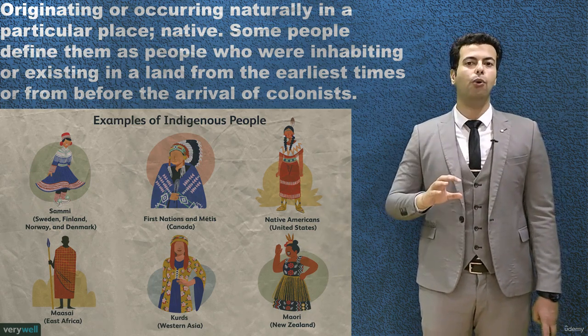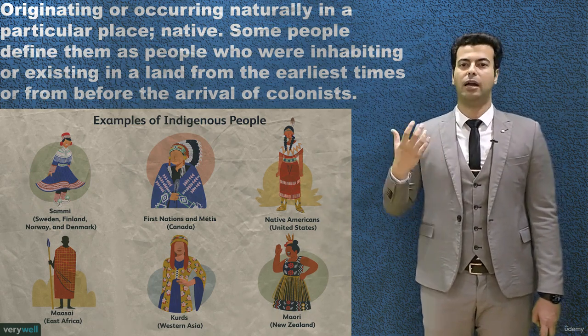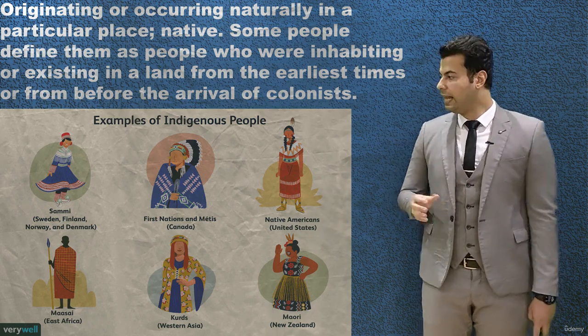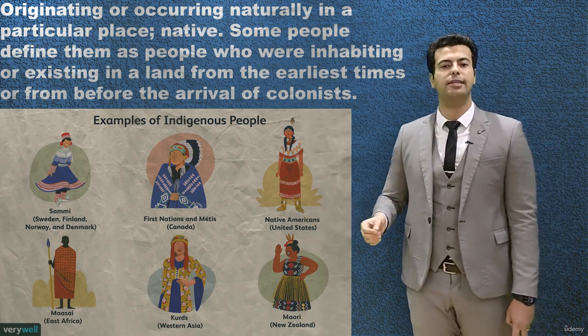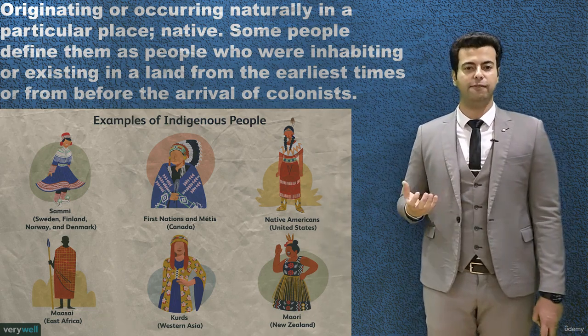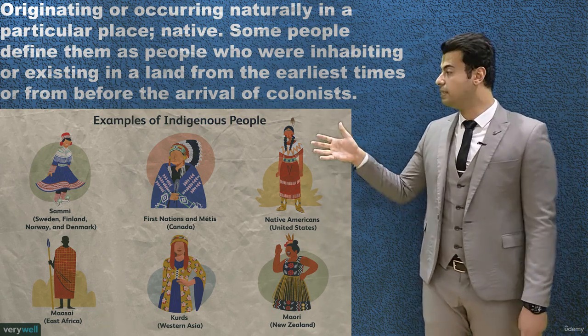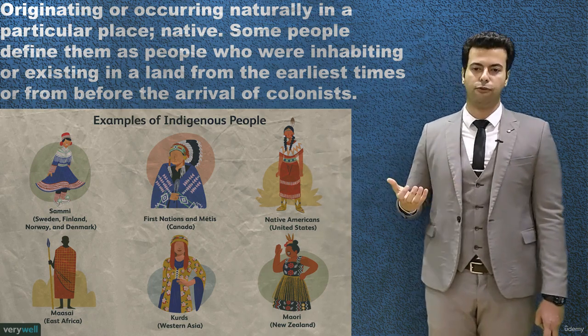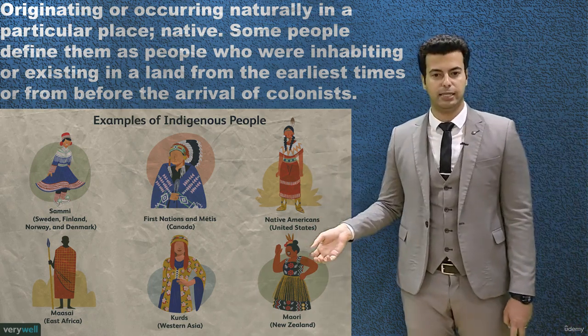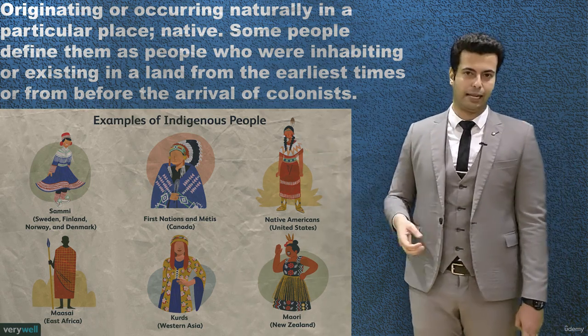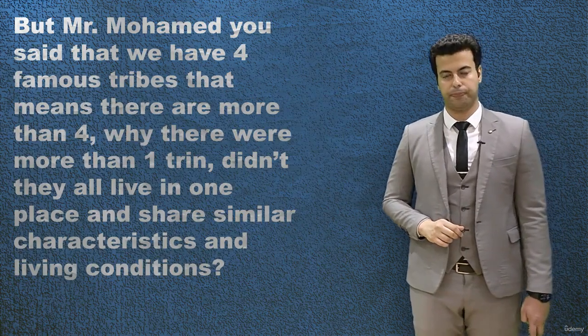Well, later on we will be introduced to the terms colonist and colony, so do not be stressed out. And in the picture below there are some examples of indigenous people, like for example the Maori in New Zealand, and the First Nations and the Metis in Canada, and so on.